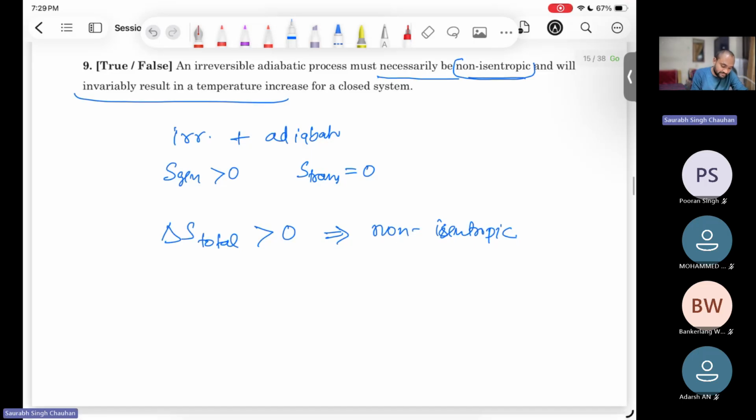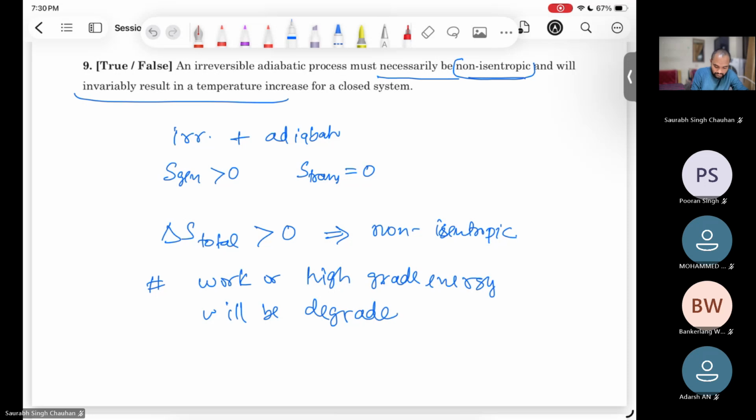Work, or high grade energy, will be degraded into heat. So the temperature will increase. So this statement is true.